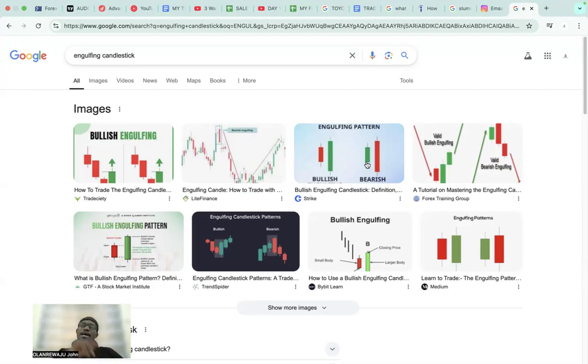So when you see it at the top of an uptrend or forming around the resistance, now it's making sense. Then you can be sure that there's every probability that the markets will tank. And when you see it at the bottom of a downtrend forming around a support, you can be convinced that the markets will do what? Find its way to the upside.